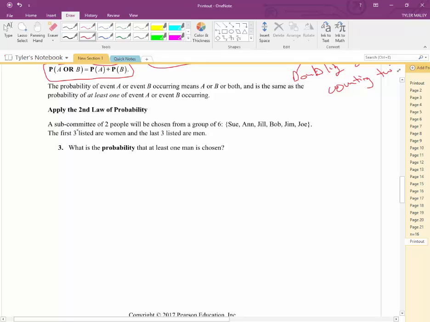Alright, so here's an example applying the second law of probability. We still have the same situation with the subcommittee, and we're asked, what's the probability that at least one man is chosen? Again, we could use the classical definition.